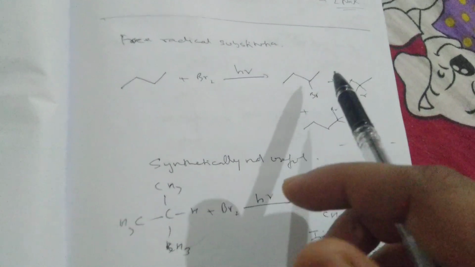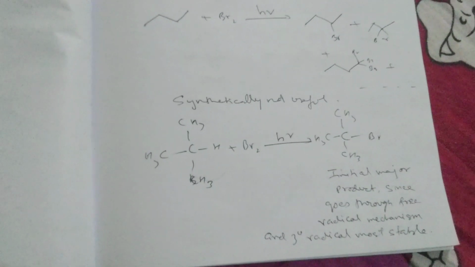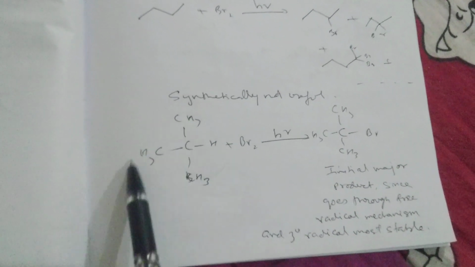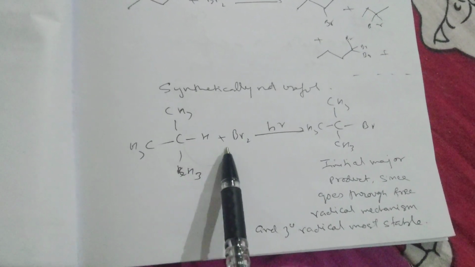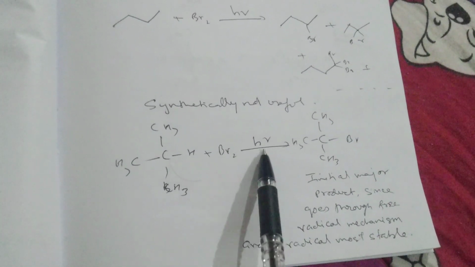So it's very difficult, synthetically not useful, but you can control it to a certain extent, especially if you take some good molecules, something like tertiary butane. Now this hydrogen, if you react with bromine and you put it in the reaction vessel and leave it under sun, h nu is light, okay, photolight.